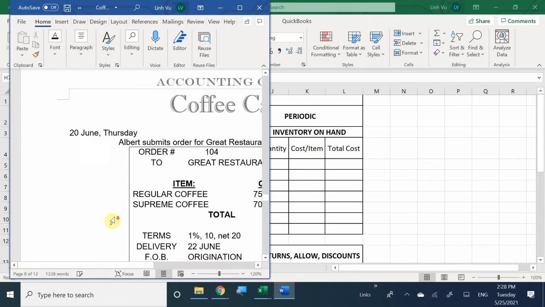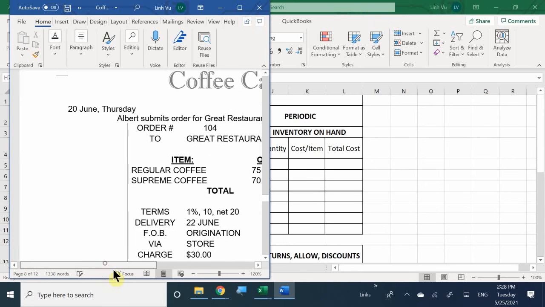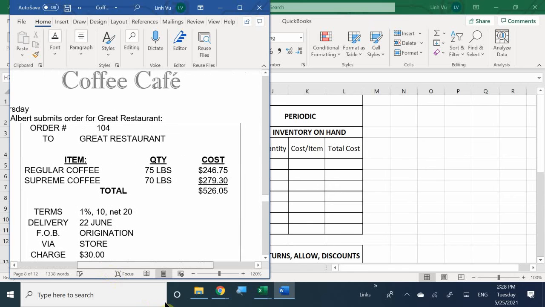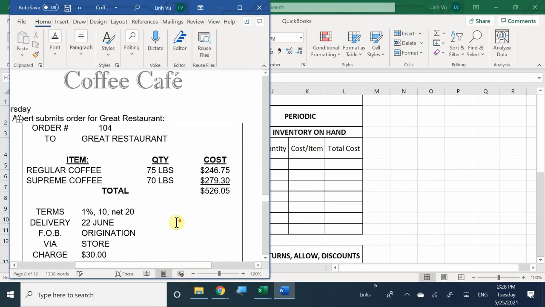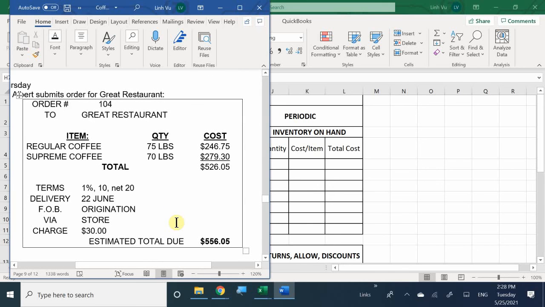Okay, what do we have here? Albert's on the road. He's working the concrete. He's putting some work in. Since they just submitted the order, we don't need to journalize this yet, but we want to put this under the commissions so that we're aware of it.